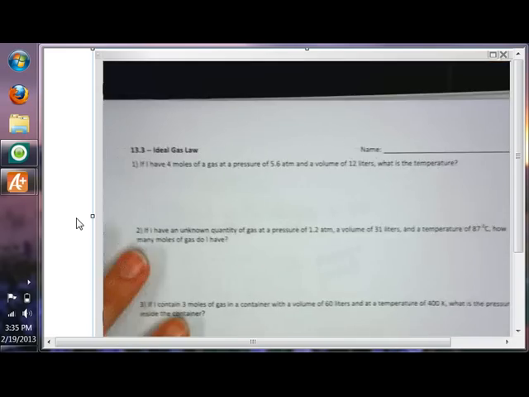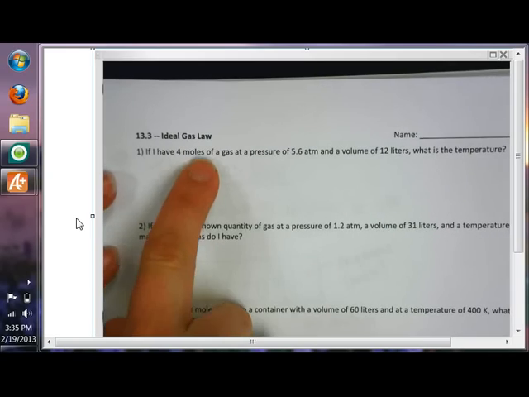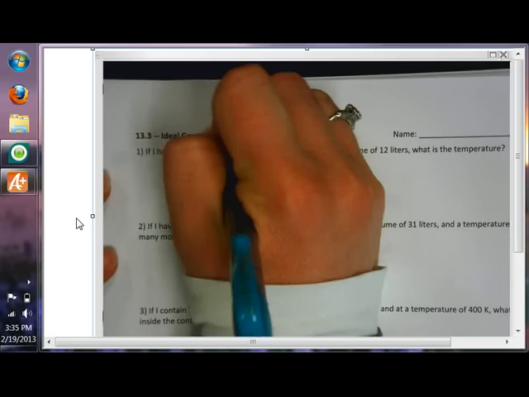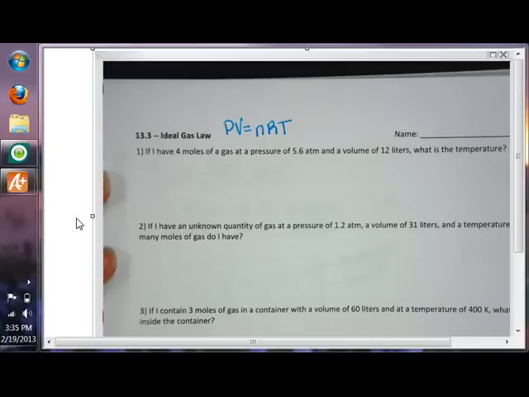So what I would do for this is go through. These are all the ideal gas law, PV equals nRT.